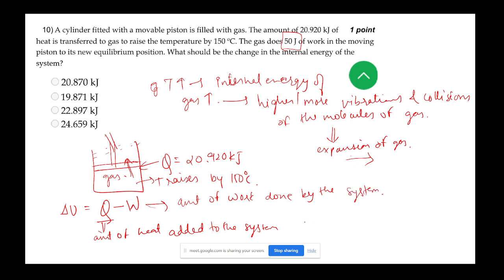Here delta U will come out to be: Q is given as 20.92 kilojoules. Work done is in joules, so you divide work by 1000 to convert into kilojoule, and if you subtract this, the answer for delta U will come out to be 20.870 kilojoule.